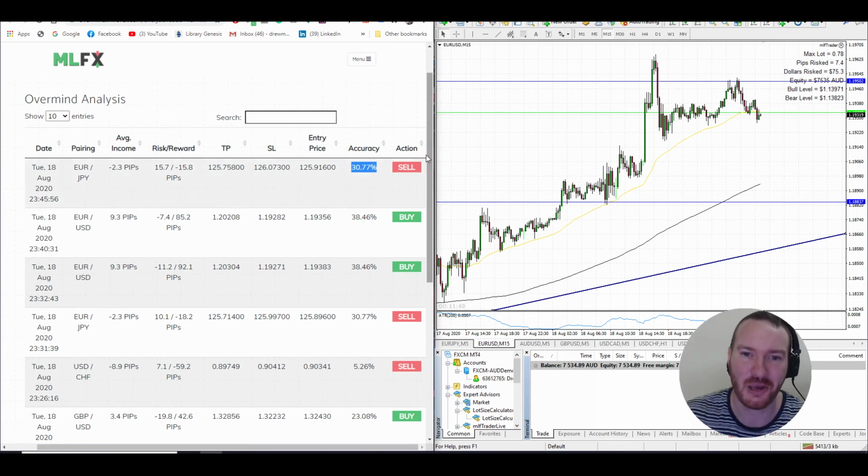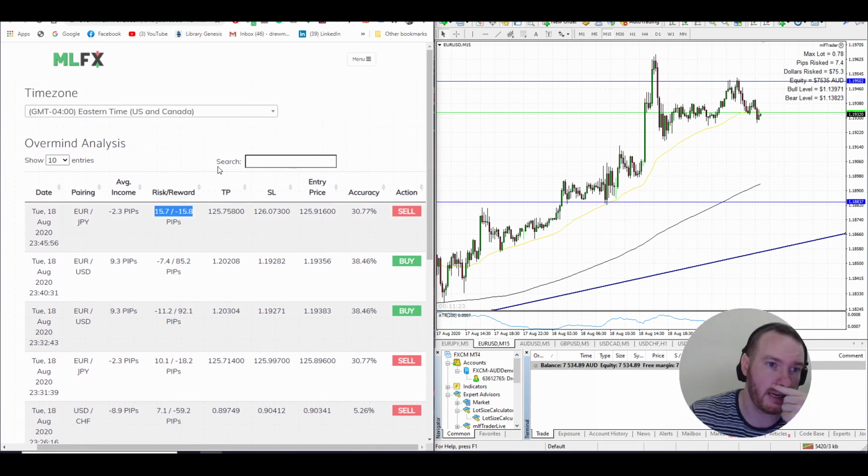Then once we have that in place, it will be very easy for us to look at all of the individual pairings and calculate how many of them are winners, how many of them are losers, what was the risk reward in terms of the pips that were either lost or made, what was the risk reward as a foundation in terms of 1 to whatever, and how much return would that be based on percentage, and then have all that information at the top here.